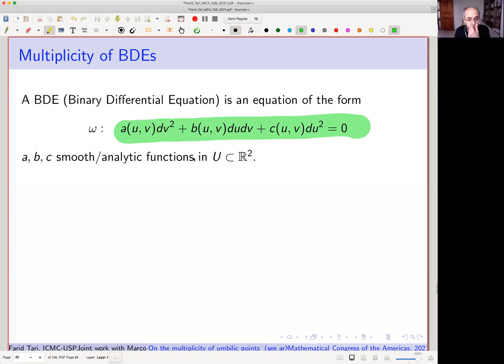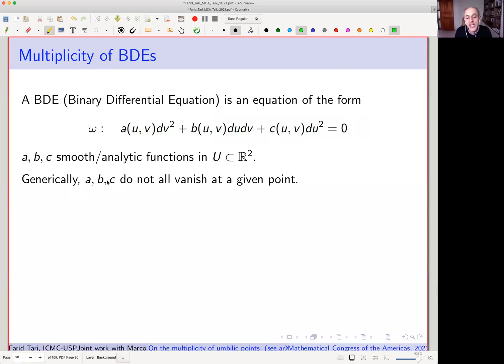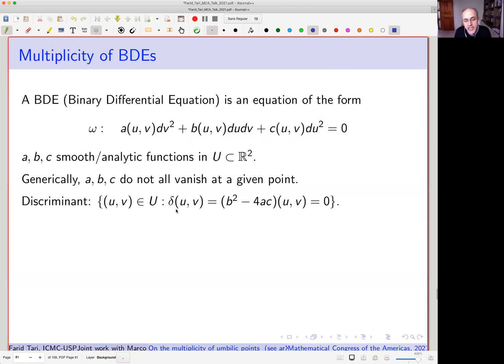Here A and B are smooth functions in some open neighborhood in R2. Generically, because I have 3 functions here, they don't vanish at the same point. We call the discriminant the set of points where the discriminant of this equation is 0.